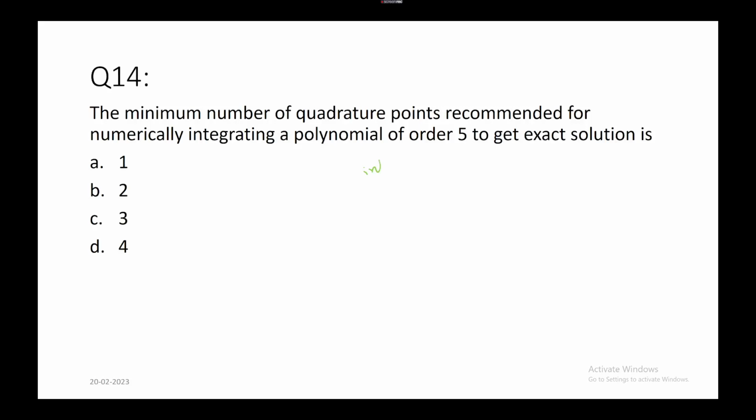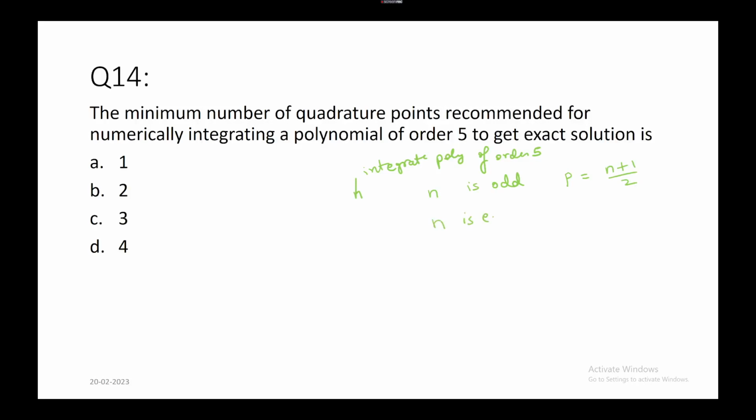So the general rule is, let's say n is your order, if n is odd, then P, the minimum number of quadrature points required, is n plus 1 by 2.